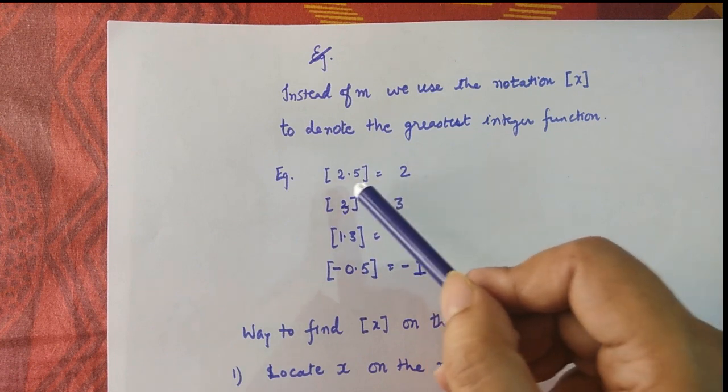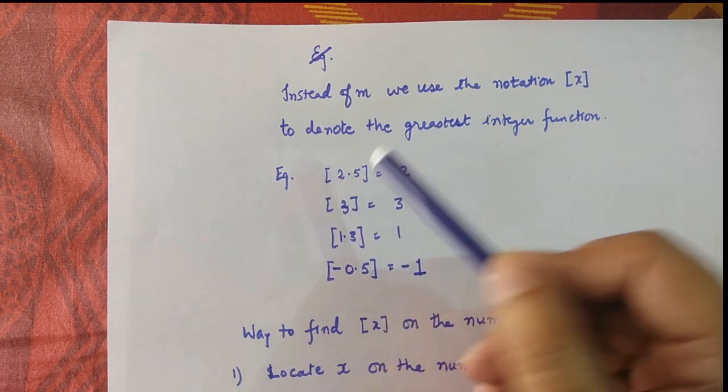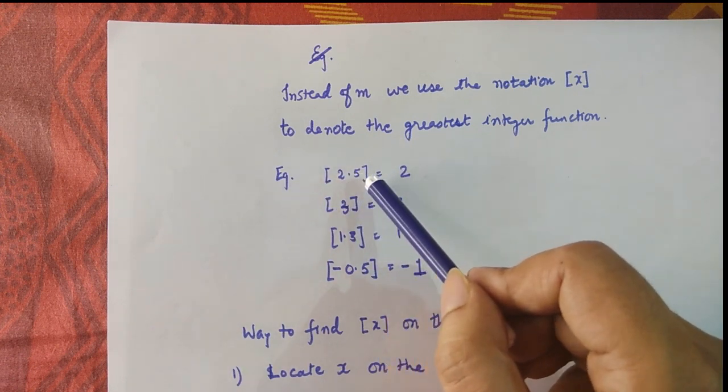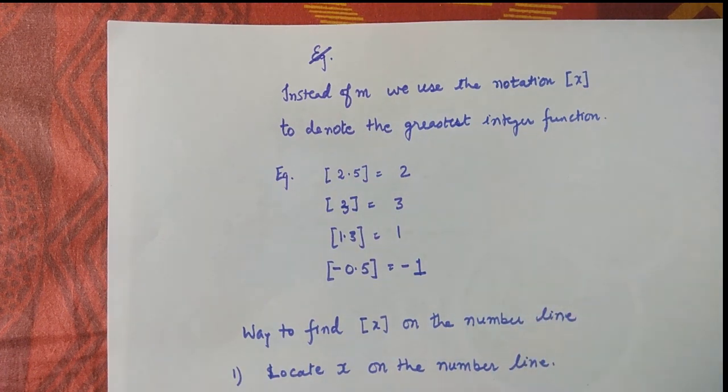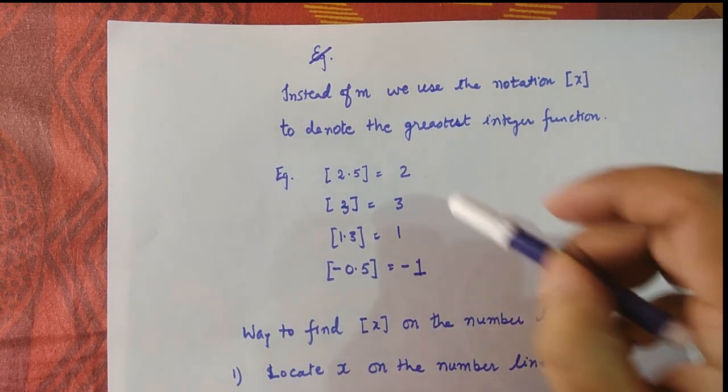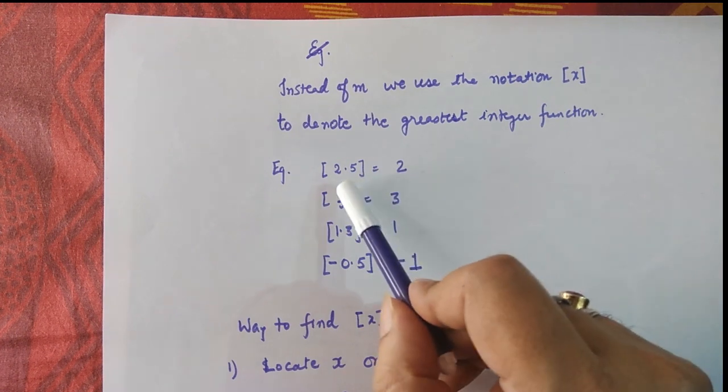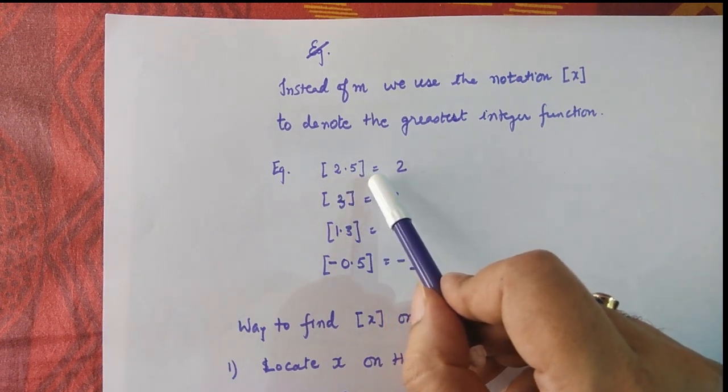Let us consider some basic examples. The greatest integer function of, say, the number 2.5, as you can verify, is 2. Why is that? Let us consider the set of all integers less than or equal to 2.5. Clearly that set will comprise the integers 2, 1, 0, -1, and so on and so forth. The largest integer in this set is 2, and therefore the greatest integer function of 2.5 is equal to 2.